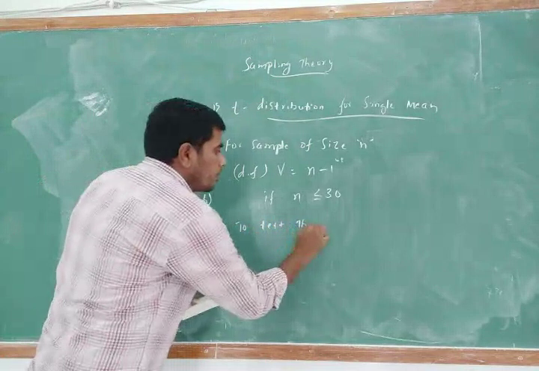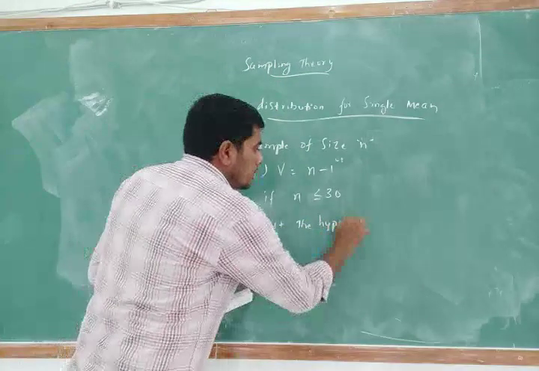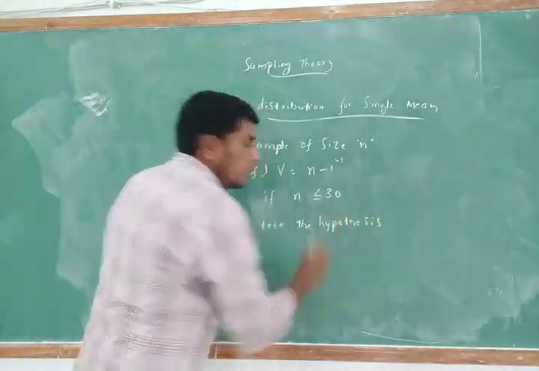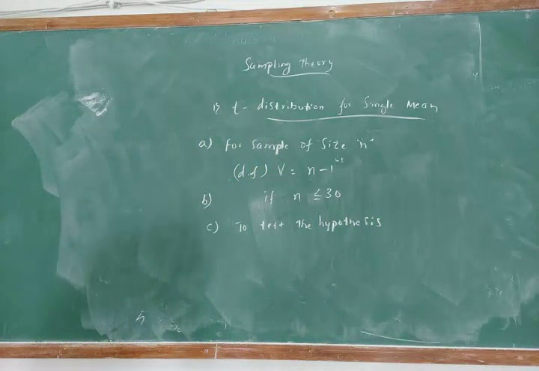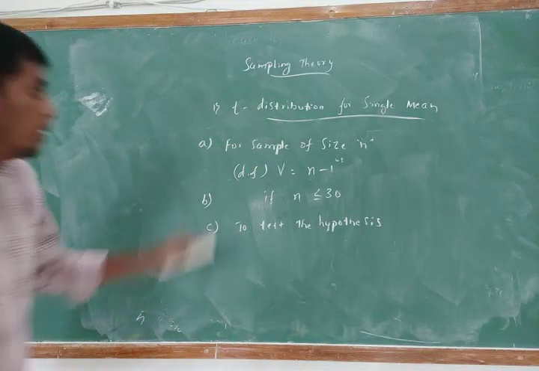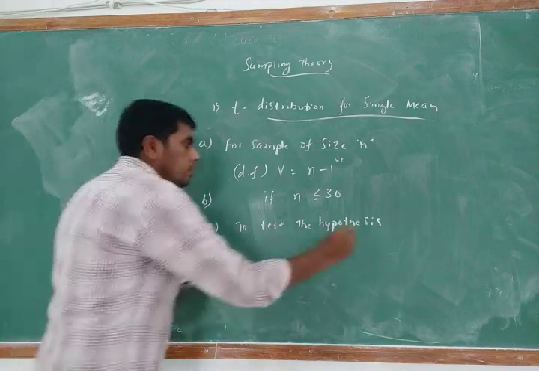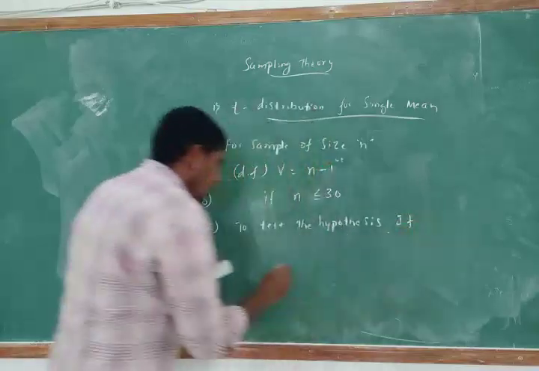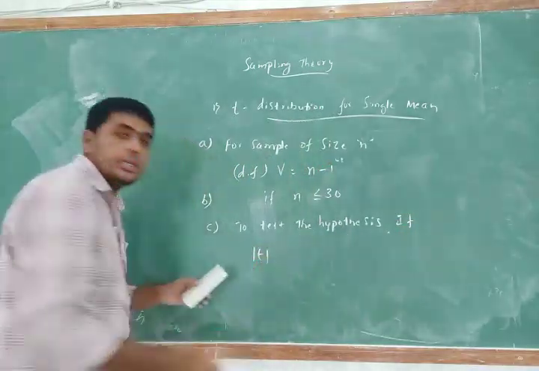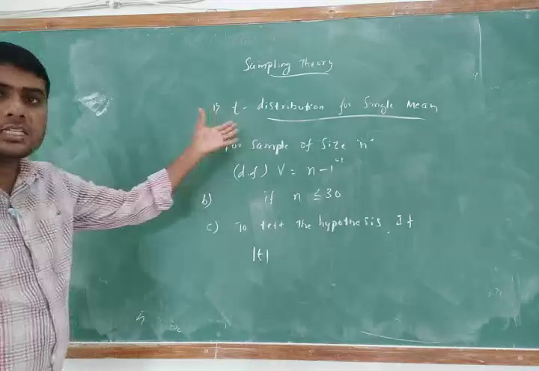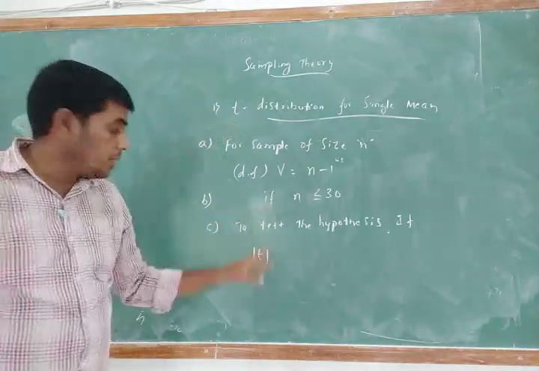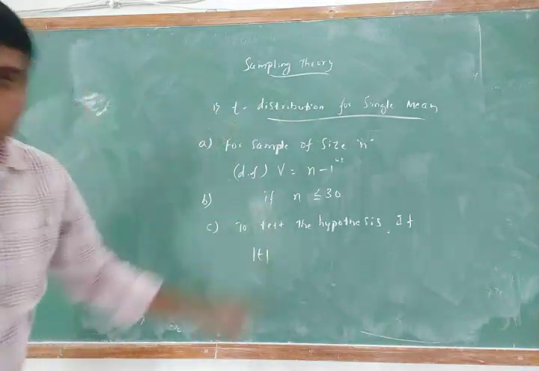Is it clear? And the last condition is to test the hypothesis. Anyway, the t value will be taken from the t distribution table, depending on the degrees of freedom. So how to test the hypothesis here?